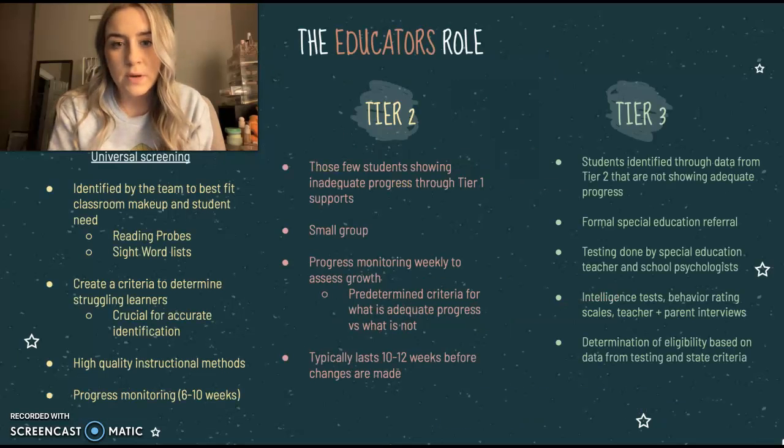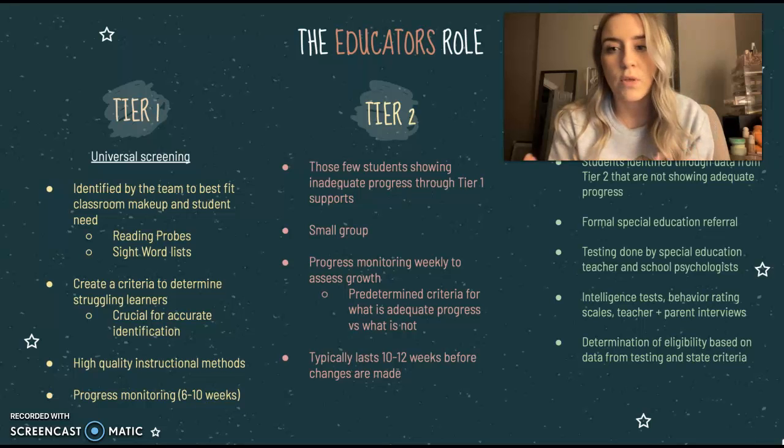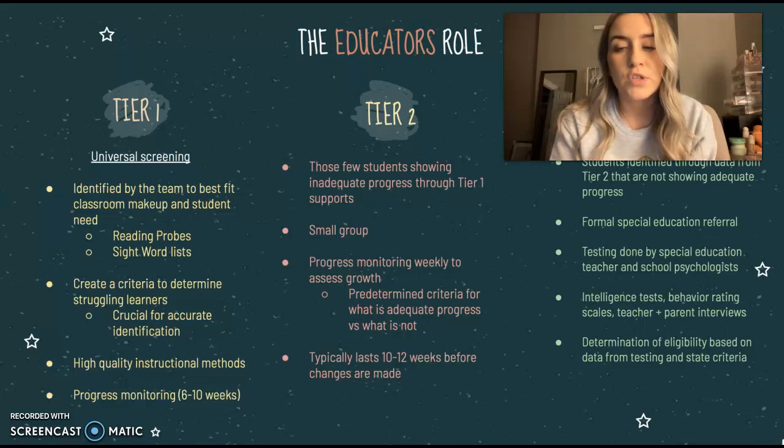So diving deeper into Tier 1: universal screening. Universal screening depends on what you're assessing, whether that be math needs or reading needs. The screening tool would be decided upon by a team.